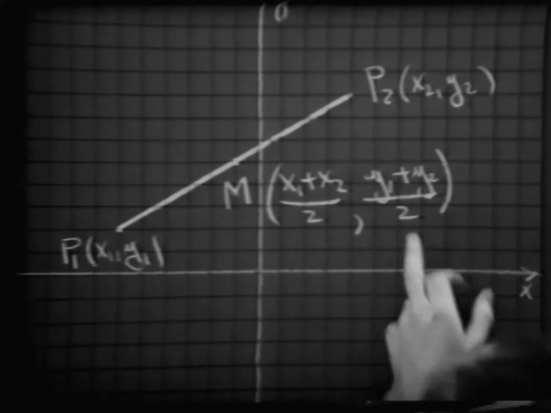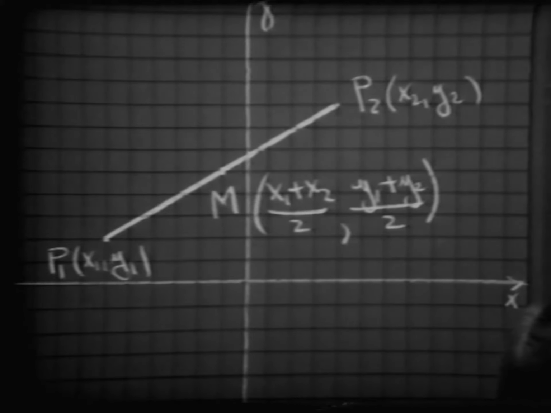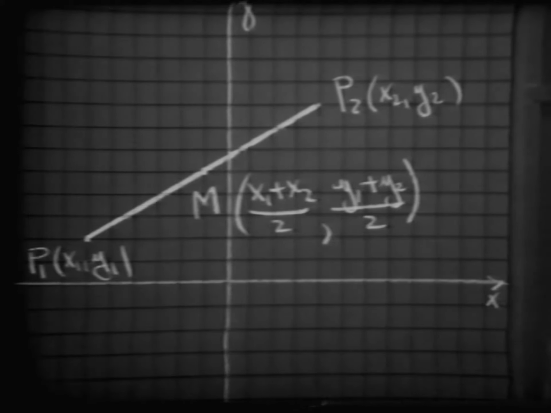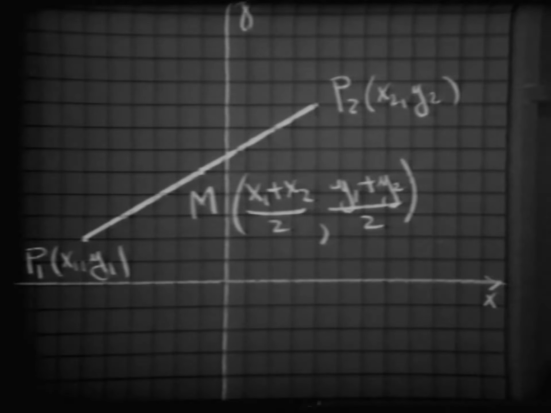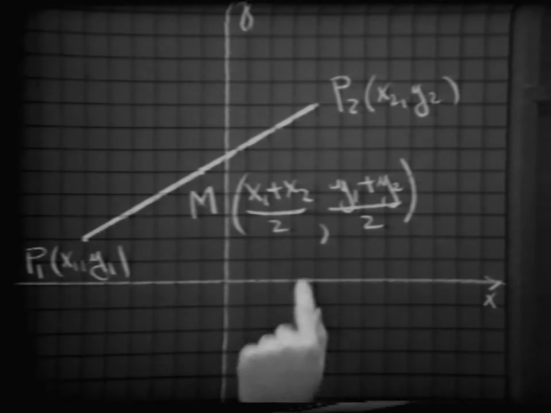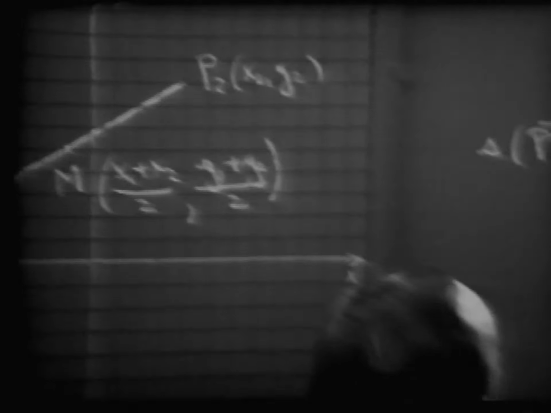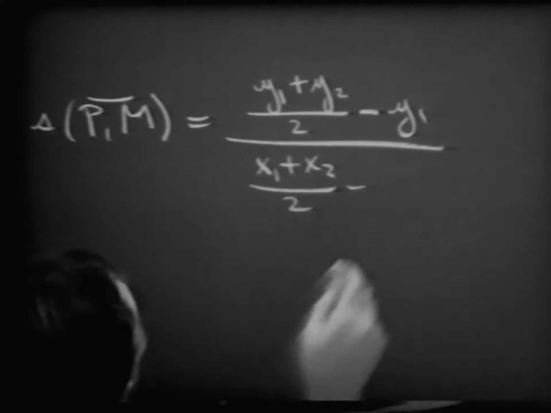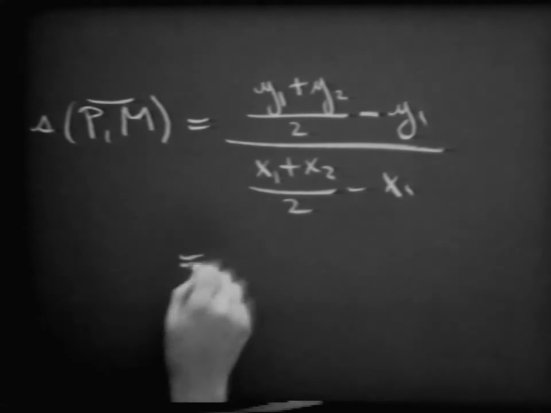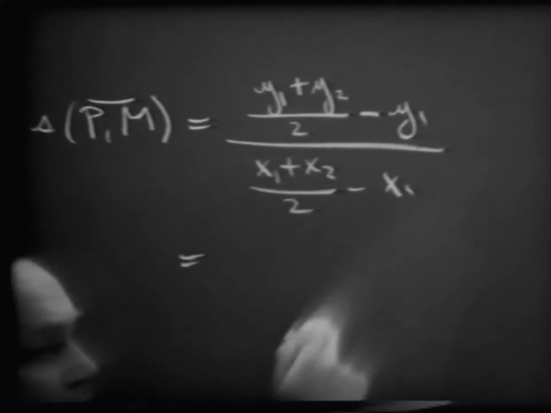Which is y sub 1 plus y sub 2 divided by 2 minus y sub 1, divided by the corresponding change in the x coordinates, which is going to be x sub 1 plus x sub 2 divided by 2 minus x sub 1. All right, now let's simplify this right-hand side and see where it leads us. Let's multiply top and bottom by some number.